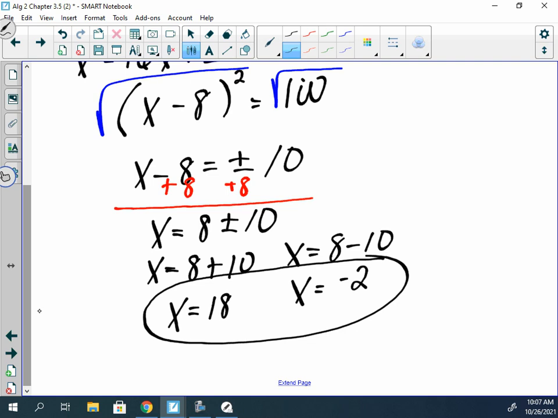Could we have found this solution by graphing? Well, yes, we could have subtracted the 100 over, graphed it, and solved. Because if we set it equal to 0 and graphed it, hey, we do have two whole number answers. We can find them. Now, on the graph, negative 2 will probably show up pretty easily.